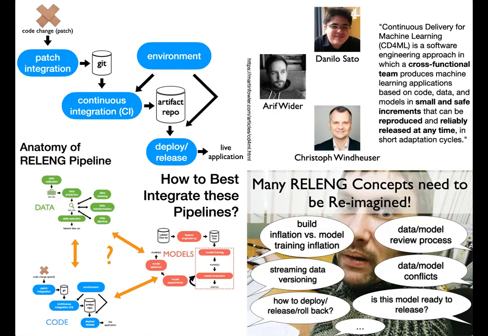I was just wondering, in CI pipelines today of conventional software systems, we have a lot of problems with flaky tests, like tests that often fail and often pass non-deterministically. And these models are essentially non-deterministic. So I was just wondering, what are the strategies that are put in place to make sure that the CI works?